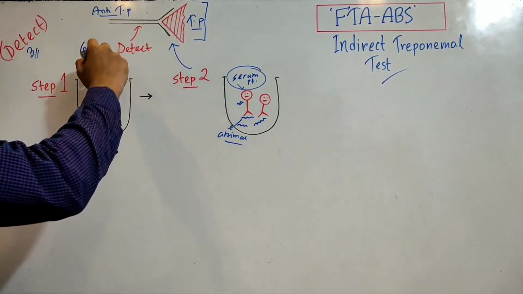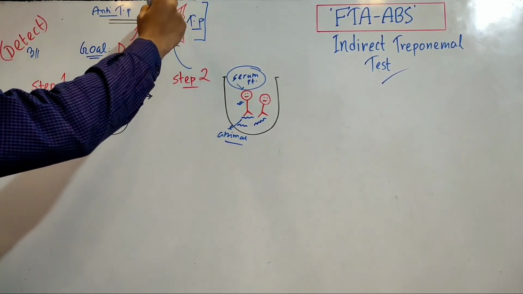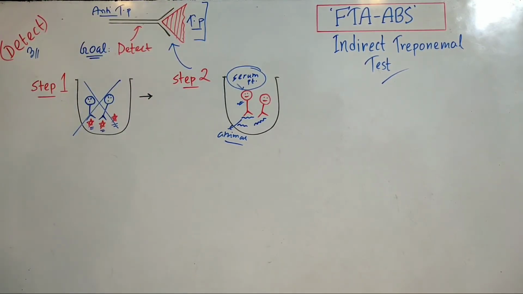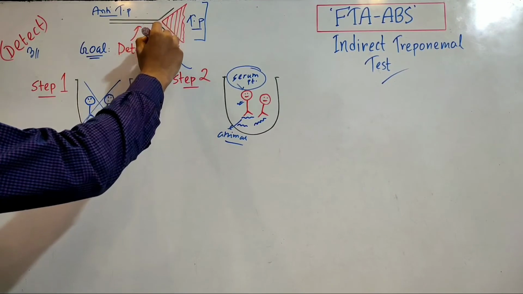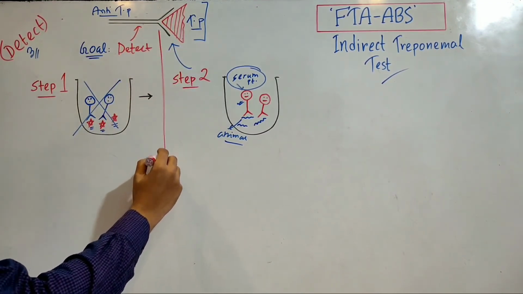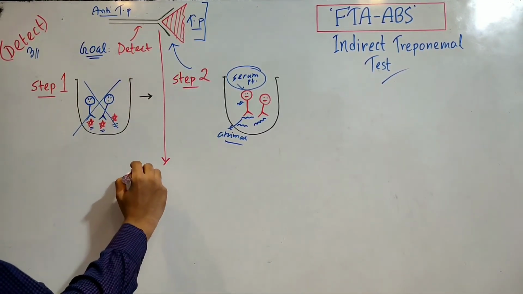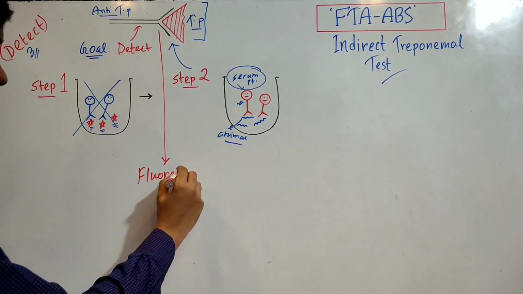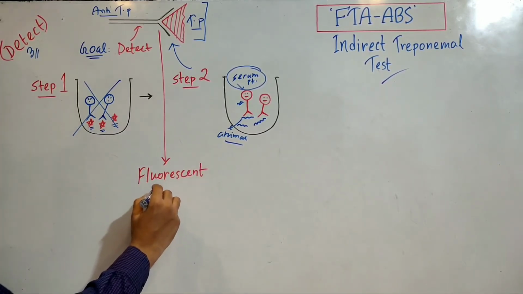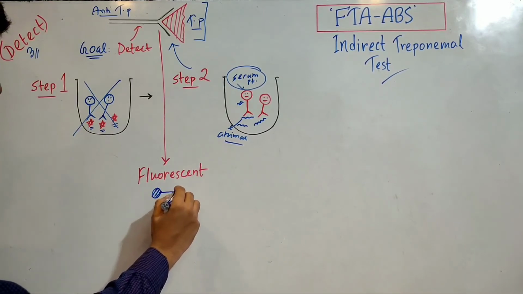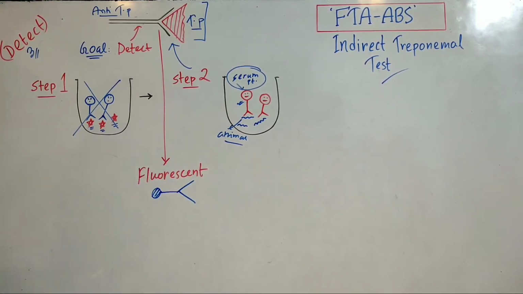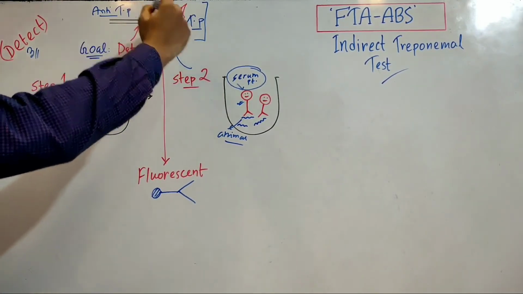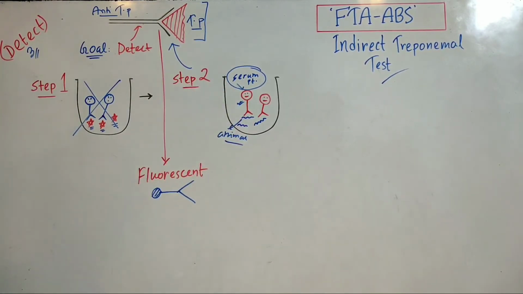As I said, our goal was to detect this antibody-antigen complex. So how do we detect this complex? Now we will have to introduce another type of antibody. So that would be our fluorescent antibody. So this, let's say, is the fluorescent label antibody, and this will help us detect the antibody-antigen complex that we have formed in step 2.